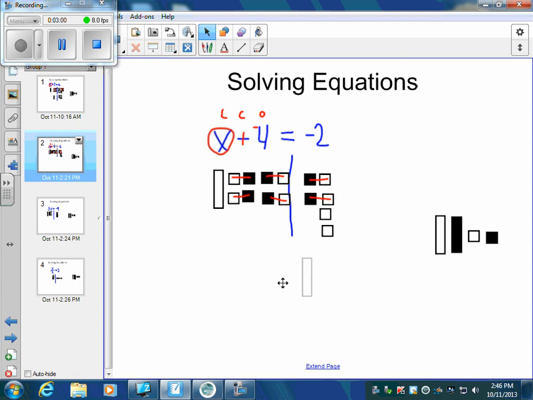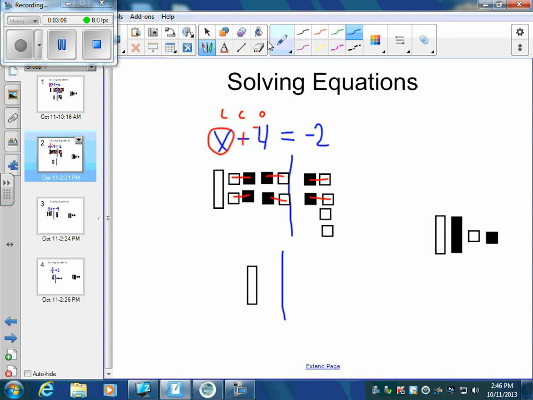So I am left with x equaling 2 positives. And if I put 2 back into my problem, 2 plus negative 4 is going to equal negative 2. So we're correct.